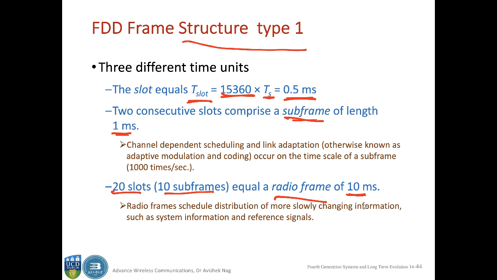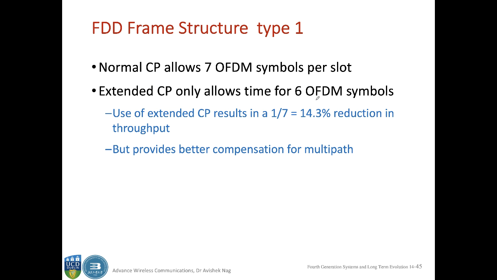One radio frame is 10 milliseconds, and these radio frames are divided into 10 subframes, and each subframe has two slots. That's how the division occurs. Then you have the cyclic prefix. Normal CP allows 7 OFDM symbols per slot.